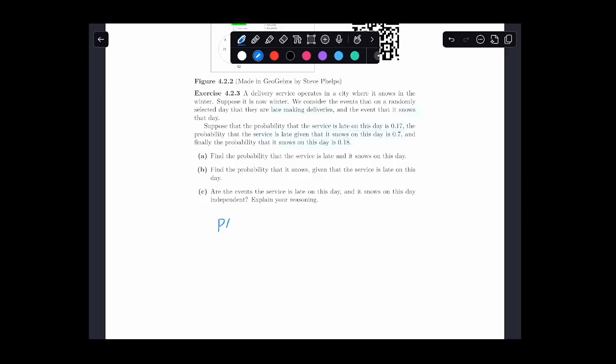Let's see, the probability that they're late making deliveries, I'm just going to write down what they've told us, is 0.17. The probability that they're late given that it snows, if we already know that it snows, then it's way more likely that they'll be late. And the probability just in general that it snows is 0.18.